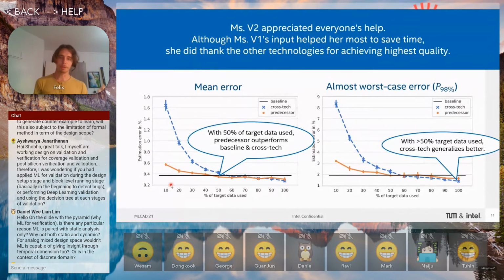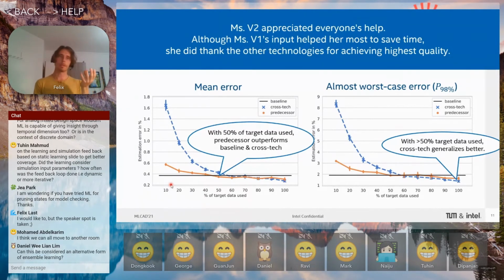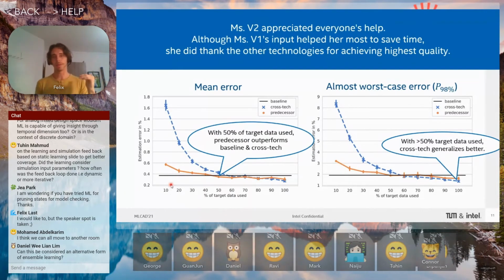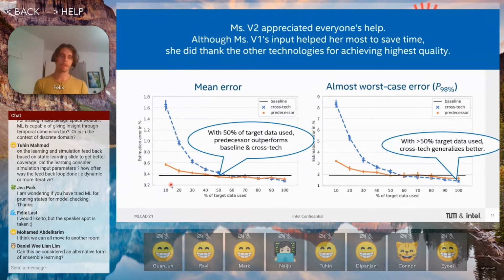On the other hand, if we use more than 50% of data, it looks like the cross-tech domain is actually the better source domain. So this is important if our goal wasn't to reduce the amount of training data, but to reduce our error further. So if error reduction is the goal, then the cross-tech domain looks better.